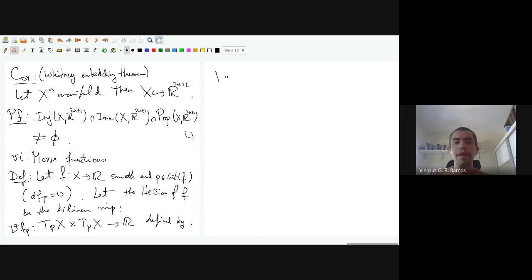This is the map that when you put in ∂/∂x_i at p, ∂/∂x_j at p, gives you the Hessian matrix.